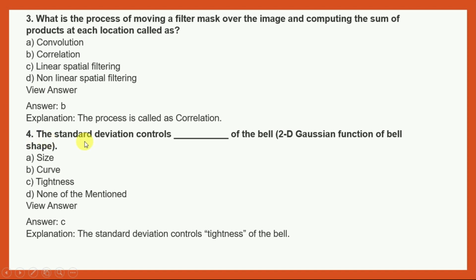And the next question is, the standard deviation controls dash of the bell shape of the 2D Gaussian function. The answer is tightness. Basically, the standard deviation controls the tightness of the bell shape.